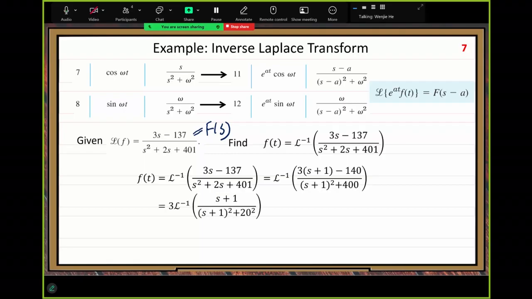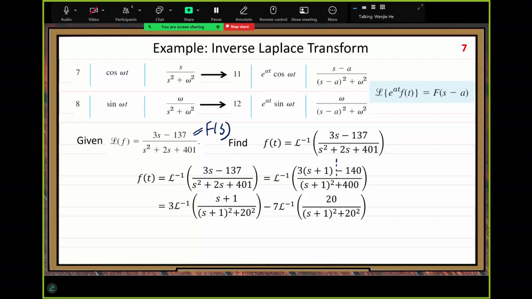The numerator we split in the middle, the first term minus the second term. The first term, the constant, we can take it out. Then minus the second, because we need to leave 20.